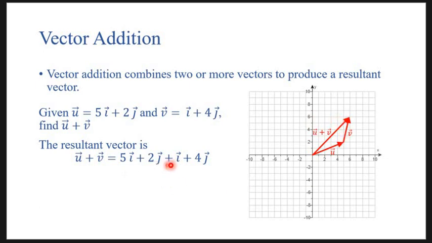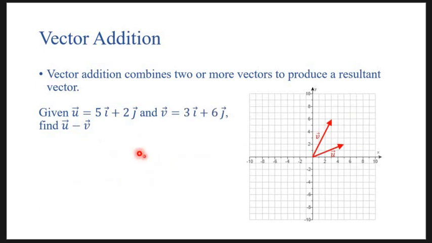If we wanted to get it analytically, it would be the same as just combining like terms here. So 5i plus i would give me 6i, 2j plus 4j would give me 6j. So that resultant vector, u plus v, we can get analytically by just combining like terms. We can get it geometrically by putting the vectors tail to tip or initial point to terminal point and making that parallelogram, or that half of a parallelogram.